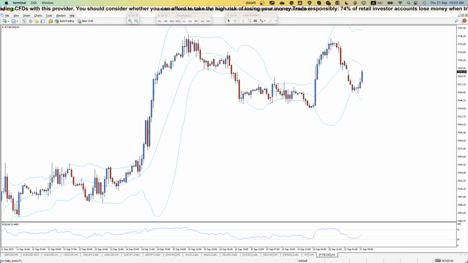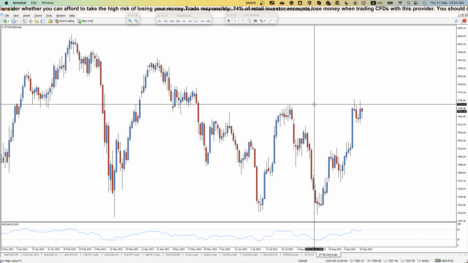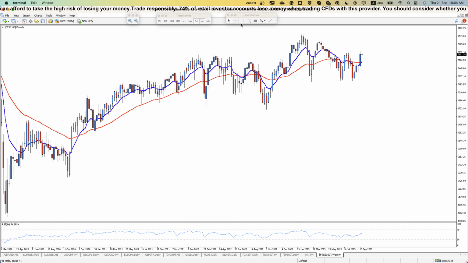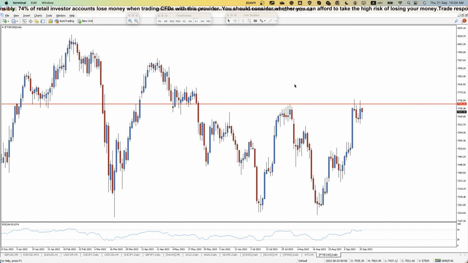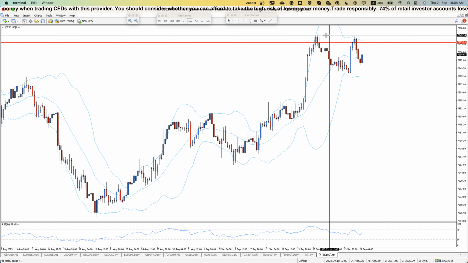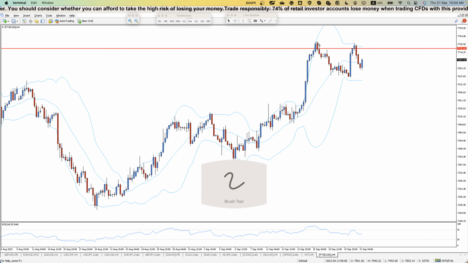And FTSE finally, on the daily or weekly chart if you prefer. Resistance here being respected. On the 4-hour chart, double top. Look at this, guys. Double top on the 4-hour chart. Bearish divergence on the RSI.